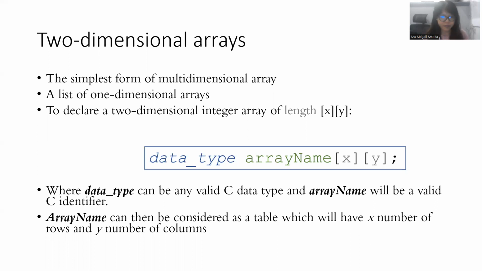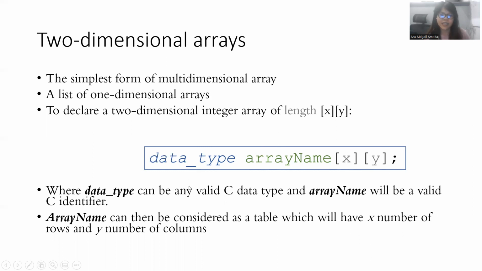The simplest form of multidimensional array is a two-dimensional array. It's a list of one-dimensional arrays. In order for us to declare a two-dimensional integer array of length x and y, we follow this syntax. We have the data type, the name of the array, and then the sizes of the array.